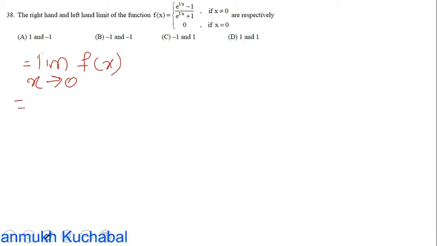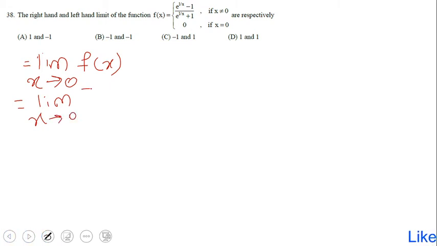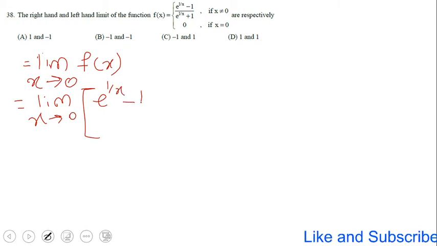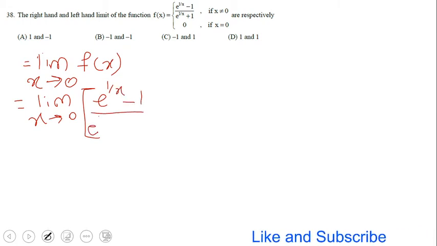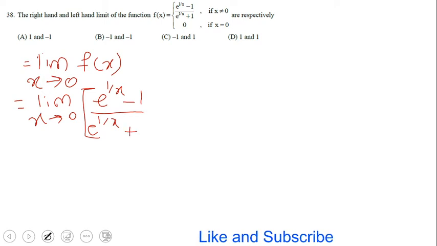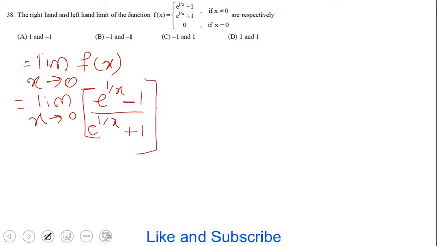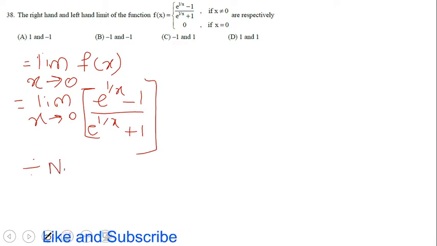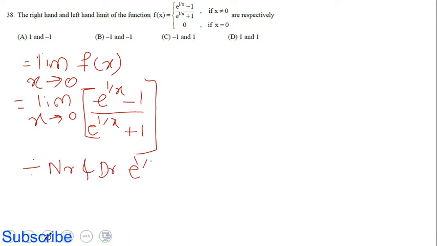So f of x, as x is tending to 0, is e raised to 1 by x minus 1 divided by e raised to 1 by x plus 1. Then we have to divide numerator and denominator by e raised to 1 by x.